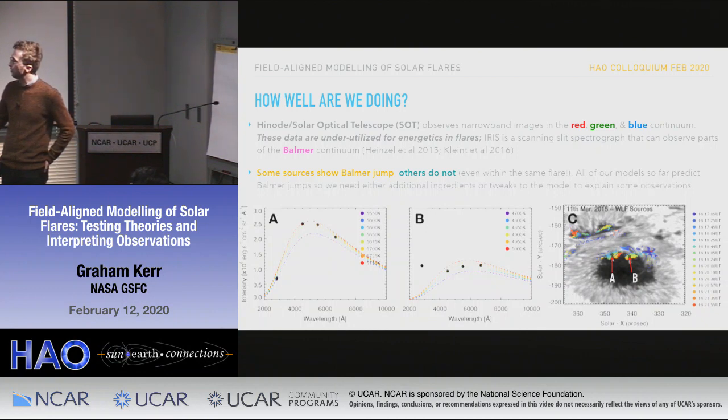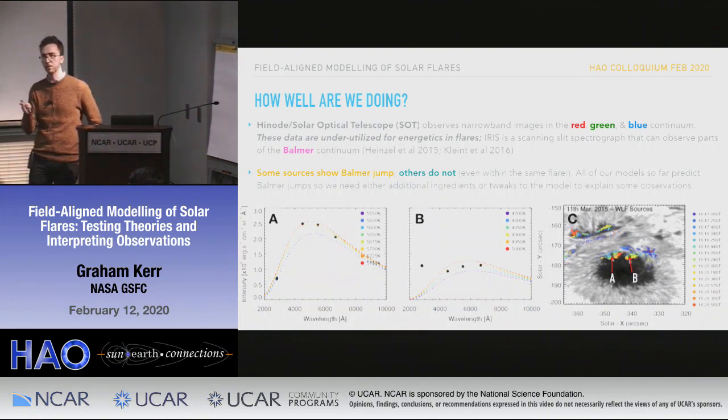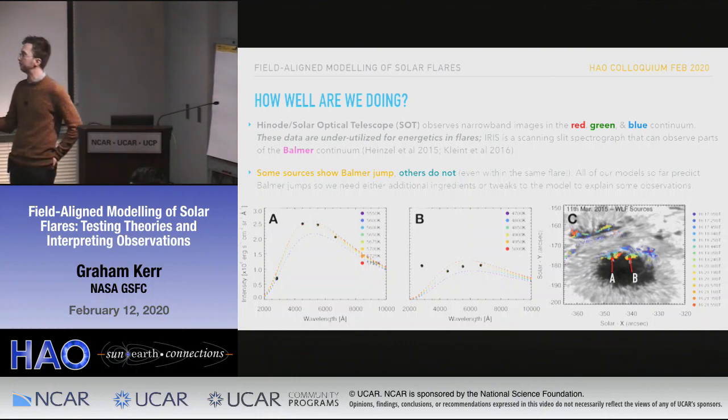And the reason I'm showing this here is that if we grab 2 different sources from this flare, these are sources A and B, positions where the IRIS slit is. So IRIS is a slit scanning spectrograph, for those who are not familiar with the instrument. It scans across the field of view, I think in this case it was 4 different slit positions.